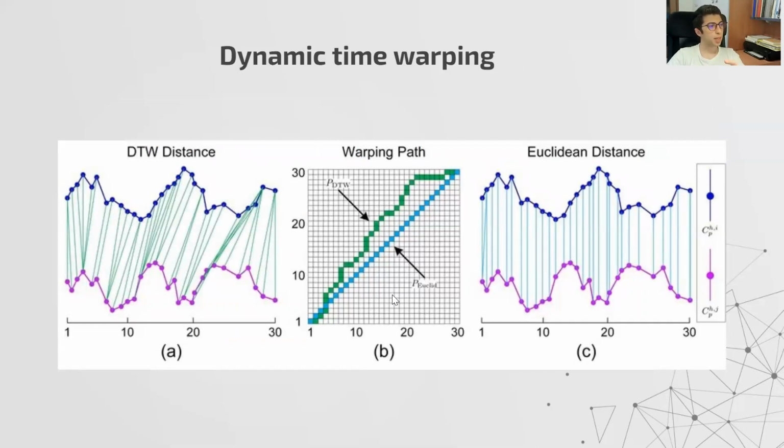Why is this more effective than the Euclidean distance? Well, this is for two reasons. The first one is because the DTW distance can also evaluate the distances between two time series that have different lengths.